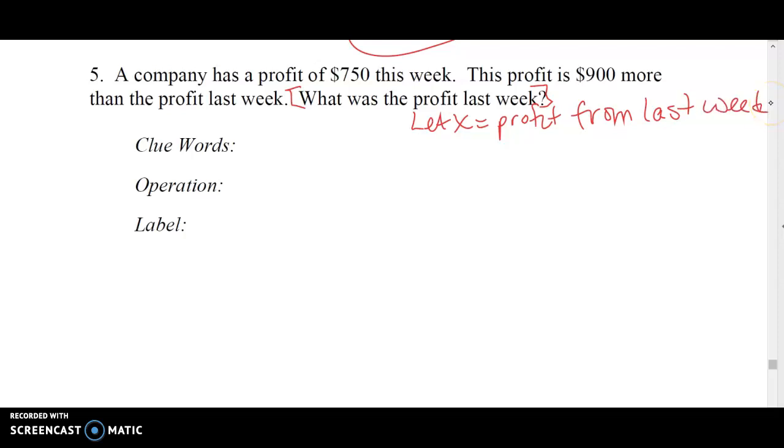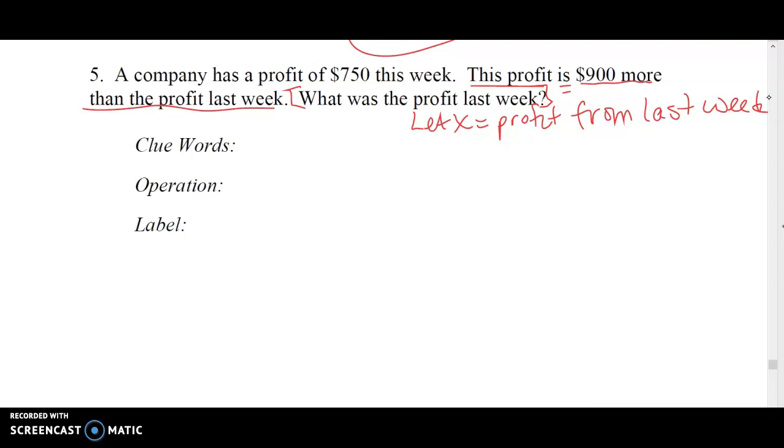So now we go back and we reread it. It says a company has a profit of $750 this week. This profit is 900 more than the profit last week. So what's the profit last week? When you look at this, a lot of times your first sentence is going to give you information.